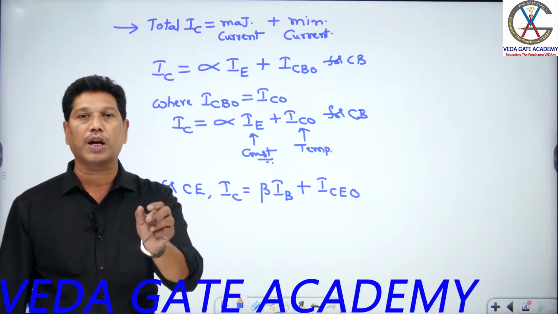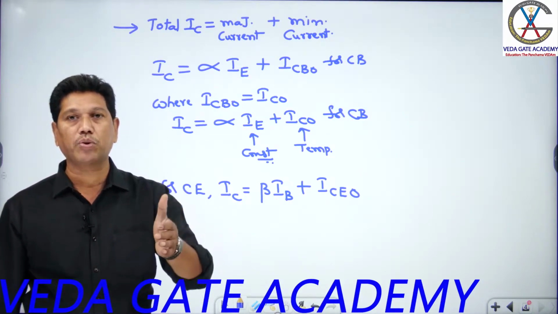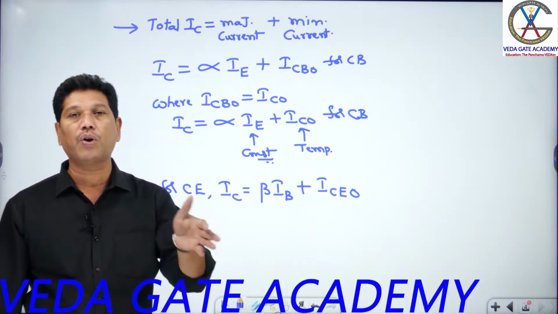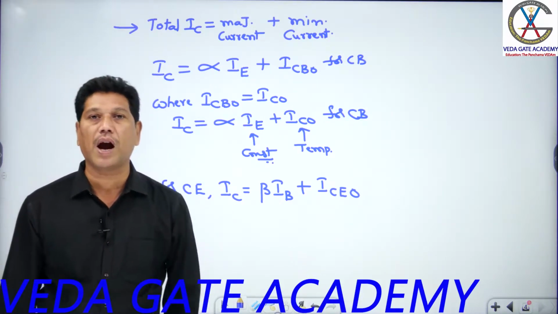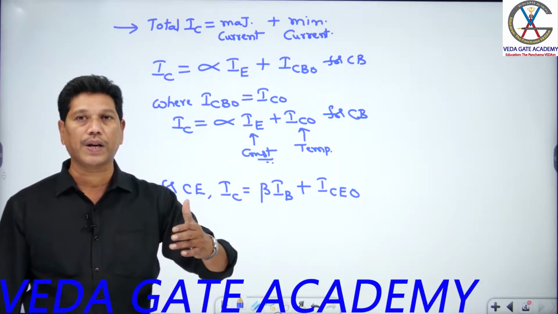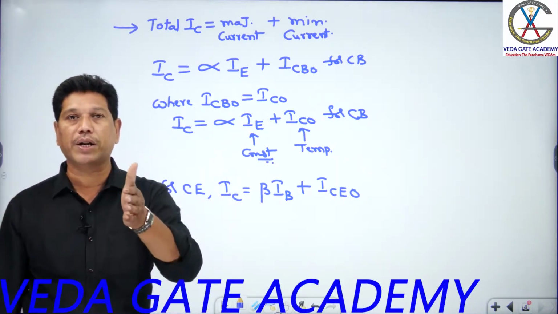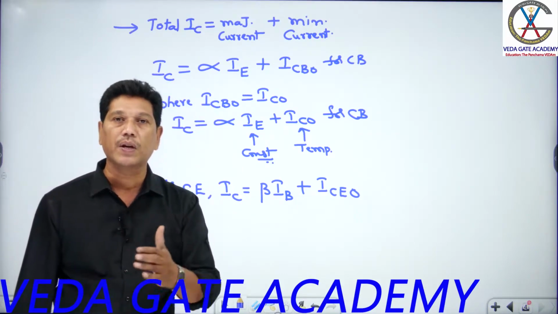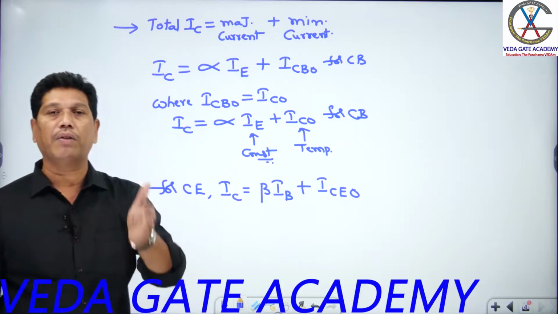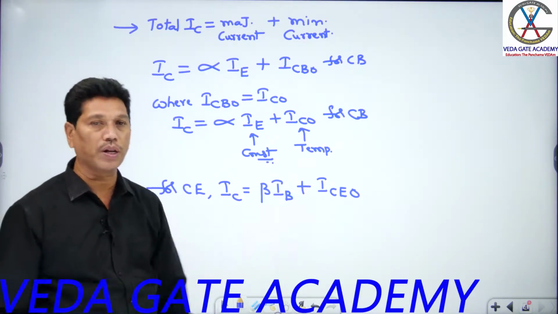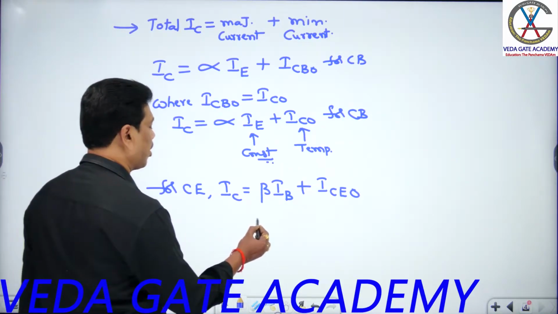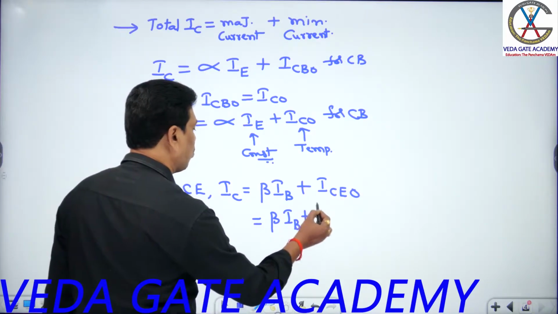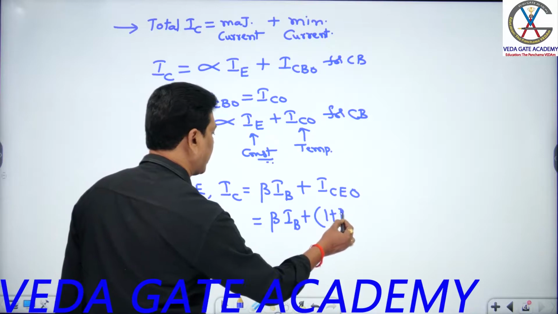On reaching the base terminal, that IC naught gets boosted by the CE configuration by beta times and is forwarded to the emitter terminal as beta IC naught. So the total minority current between collector and emitter is IC naught plus beta IC naught, that is 1 plus beta times IC naught, such that IC equals beta IB plus 1 plus beta times IC naught.